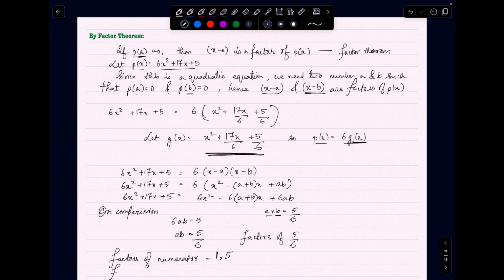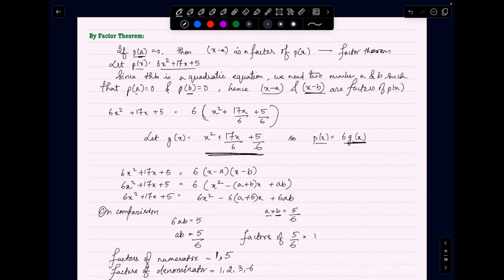Okay, now factors of the denominator. 6 is the denominator, so factors of 6 are 1, 2, 3 and 6 itself. Factors of the numerator are 1 and 5. So factors of 5 by 6 will be the combination of all the possibilities of numerator and denominator.